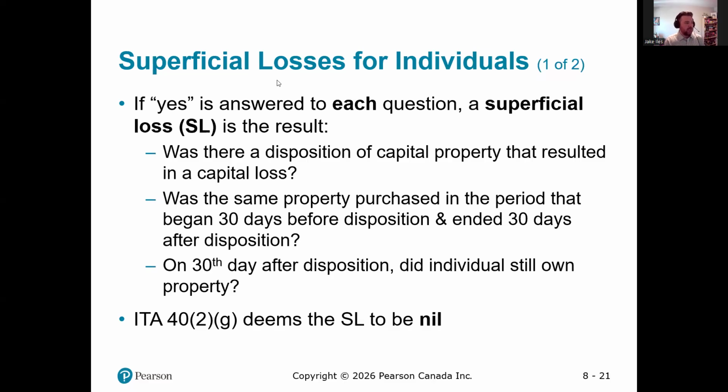So a superficial loss looks at the 30 days before and after a particular disposition. And what they're looking for is to make sure that you didn't just replace the asset you sold. If you sold some shares, did you immediately replace them? And I think the reason they use 30 days is because share price can be volatile.